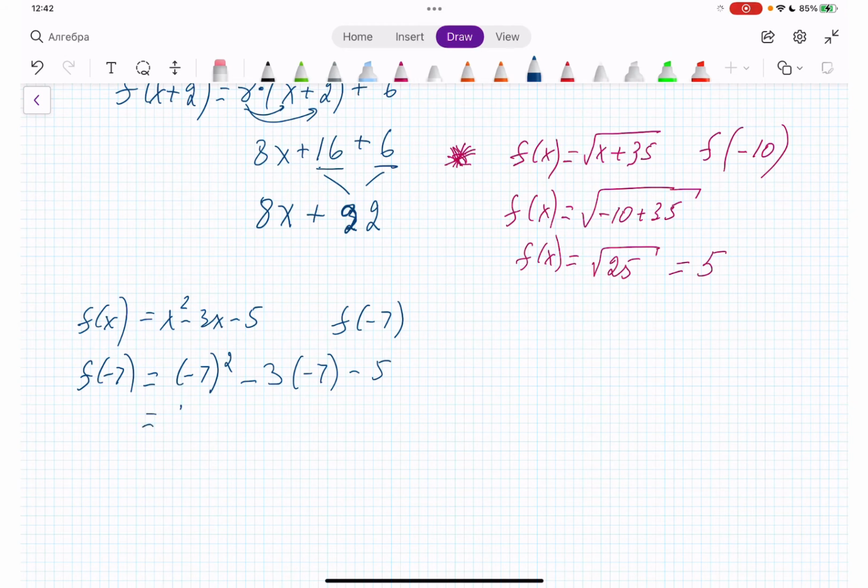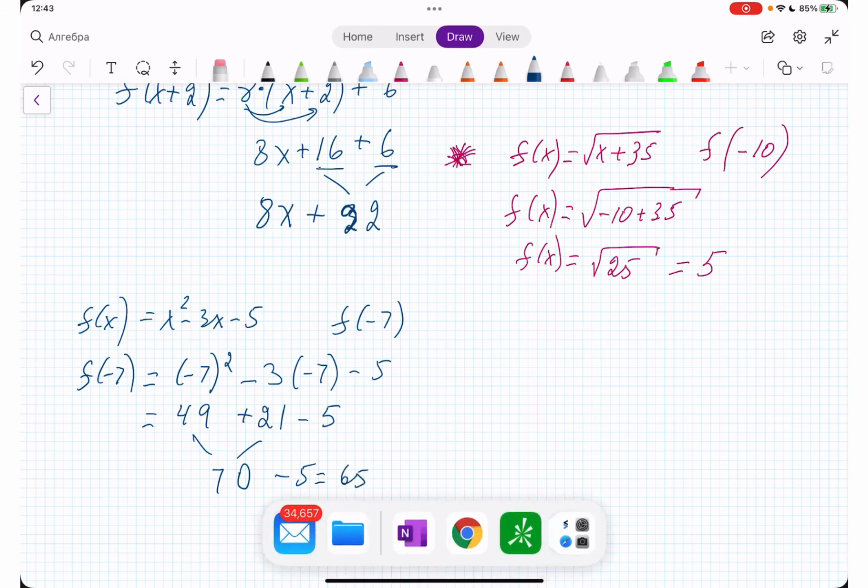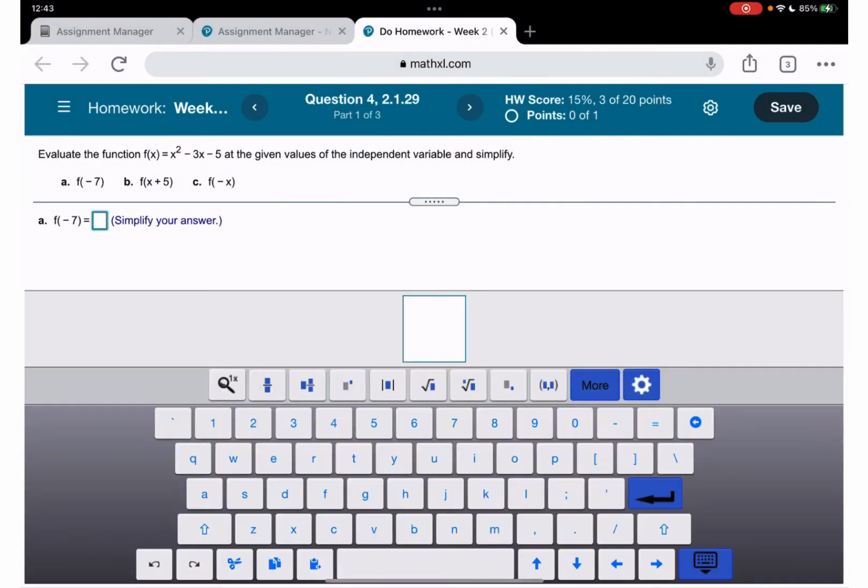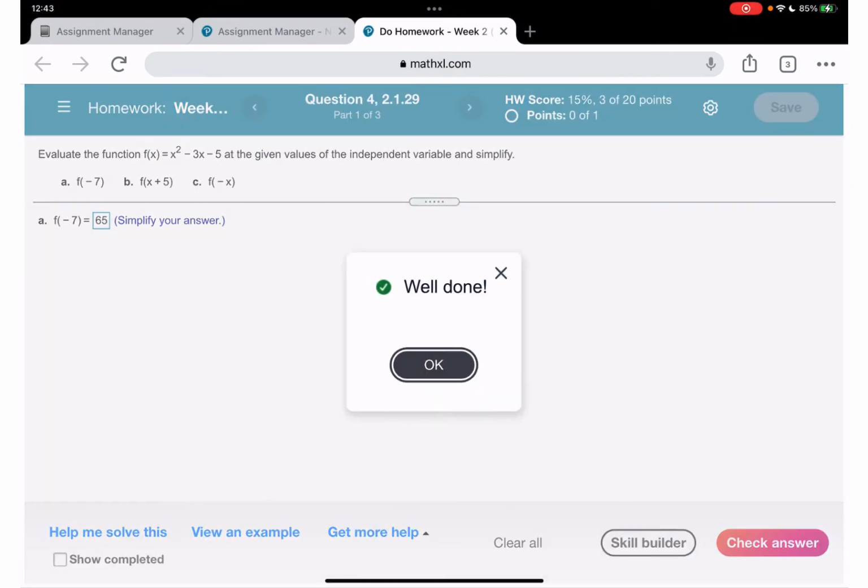Negative 7 squared is 49. Negative 3 times negative 7 is positive 21, and minus 5. So 49 plus 21 is 70, minus 5, we are getting 65. Let me plug in there. Bingo.